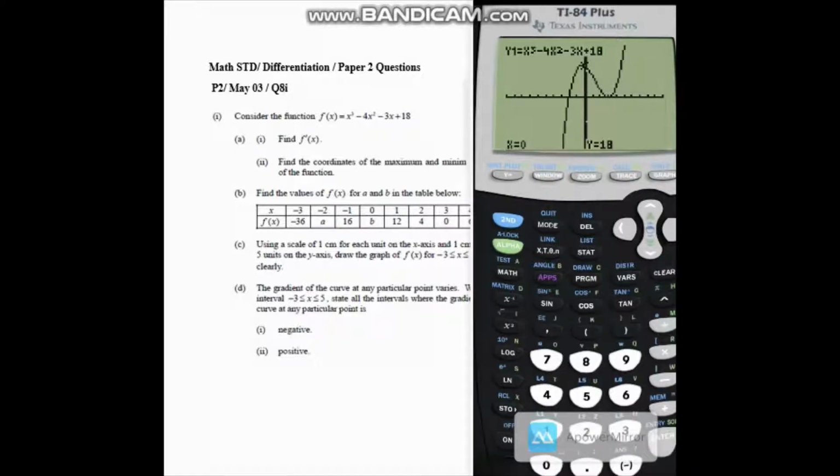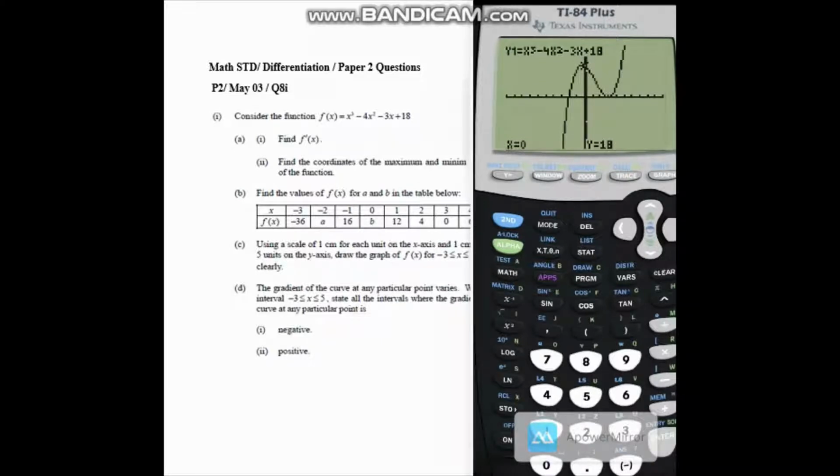So first of all, the gradient shall be negative when the function is decreasing. And the function is decreasing in this part right there. This part lies between the maximum and the minimum points. Hence, it lies between x equals -1/3, which is right there, and x equals 3, which is right there. So -1/3 less than x less than 3.